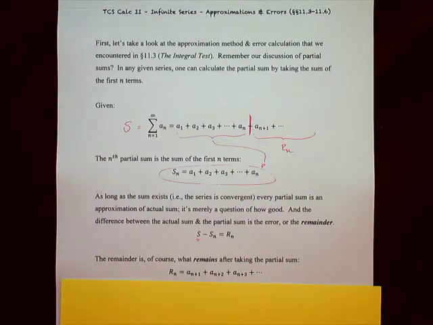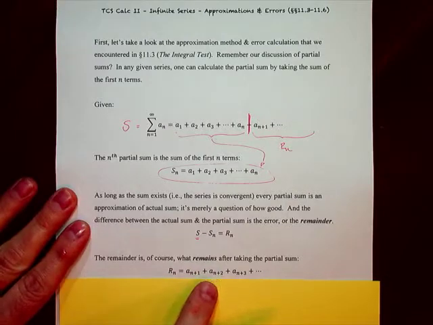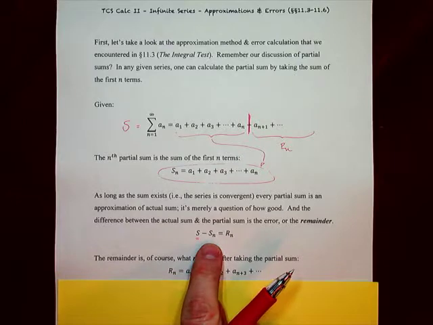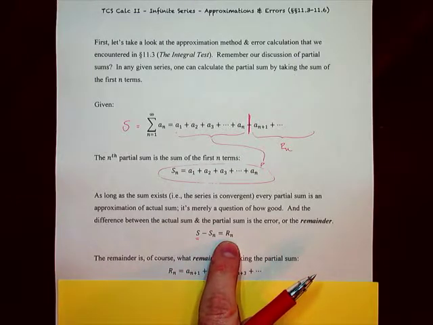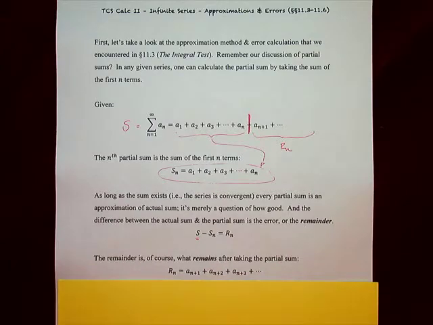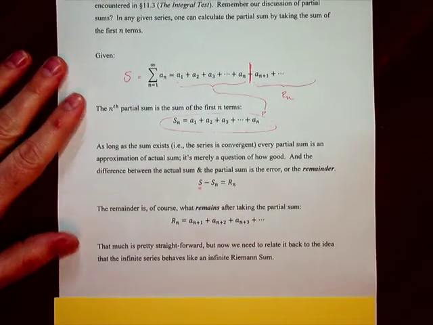It takes a little getting used to because we're used to this subscript referring to something in the series itself. You simply have to remember that for the remainder, if it's S sub 8, then R sub 8 is the remainder associated with S sub 8, but it actually starts at the 9th term. So that n plus 1 is going to be pretty important.